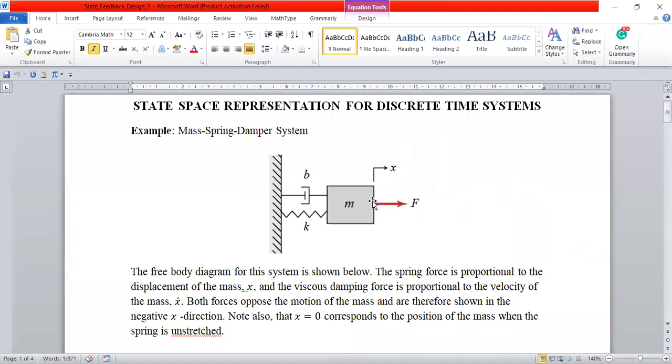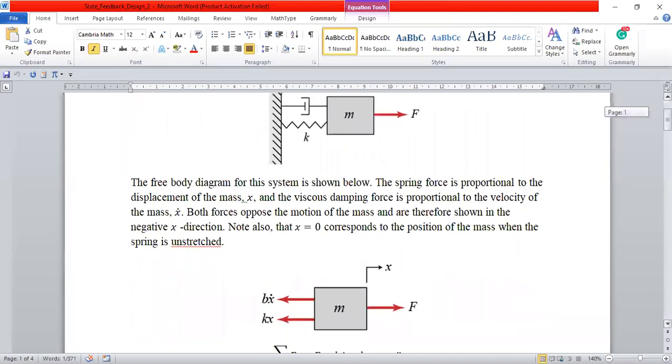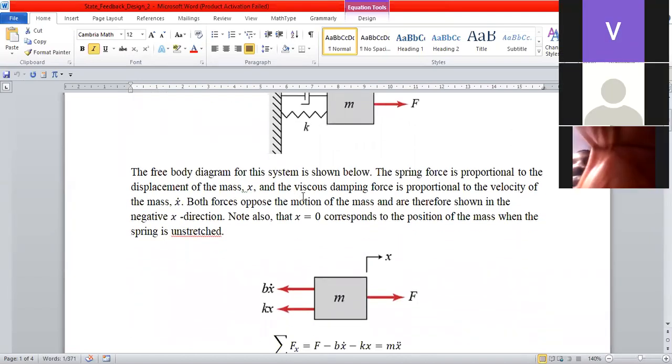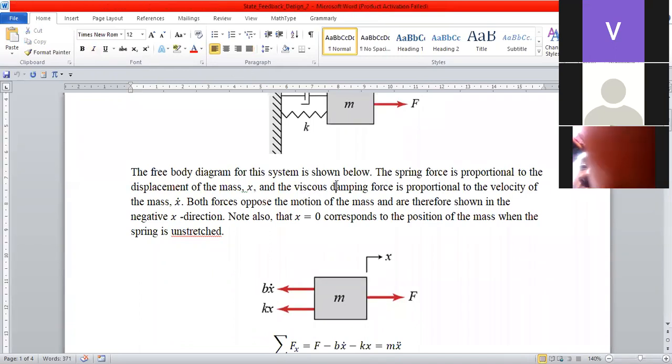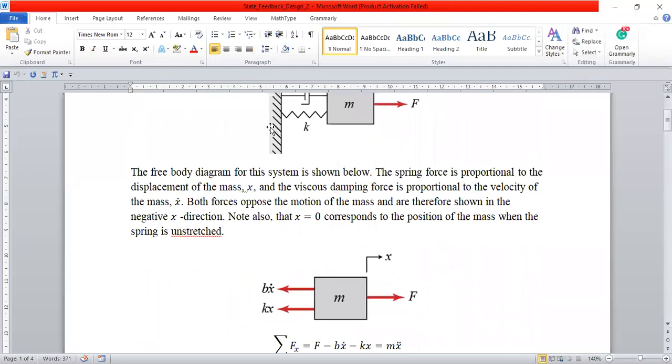So we want to first of all represent the system in equation form as a mathematical model. Then after that, we would find the state space in continuous time domain, then the state space in discrete time domain, then the transfer function in the continuous time domain and the transfer function in the discrete time domain. So that's what we want to achieve in this class for this particular example.